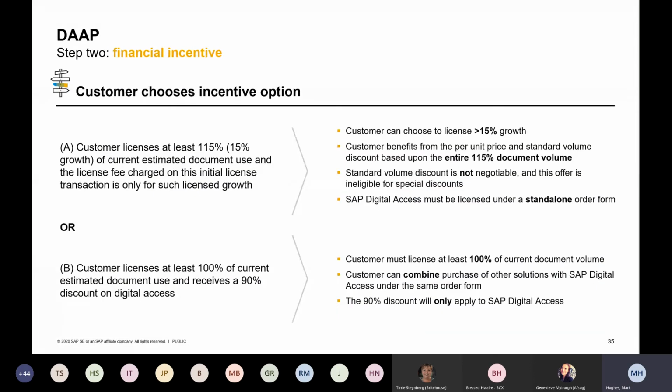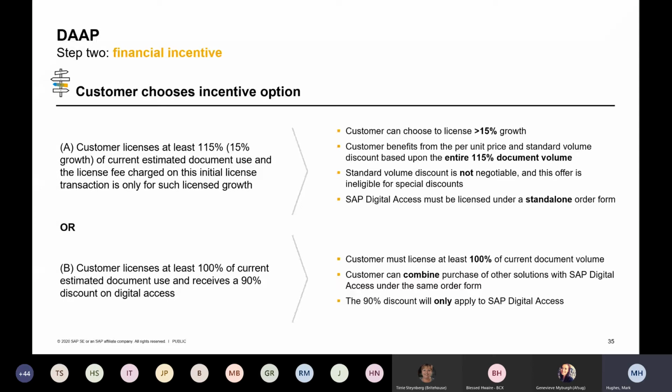Okay, back to this financial incentive. Just to clarify, once you get to a number, let's call that number 100% of your needs, there is a choice that you can make. Either you're going to buy 115%, so 15% of growth and headroom, and you're only going to pay for the 100%, but you're going to benefit from the price tier of 115%, and this is then applicable for your standard volume discounts.